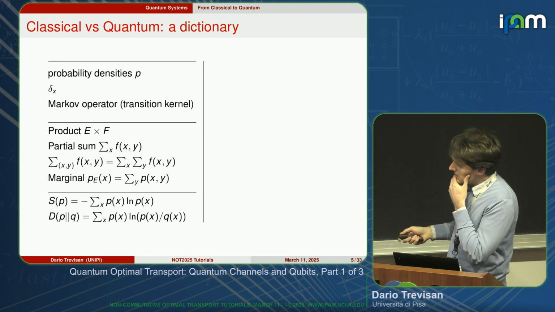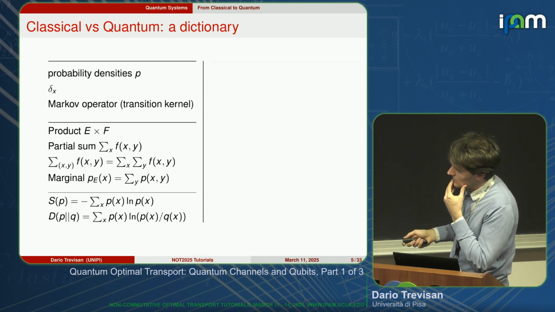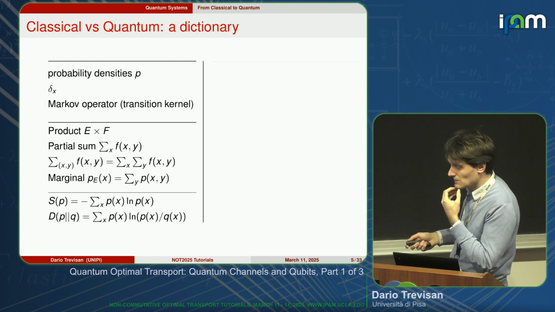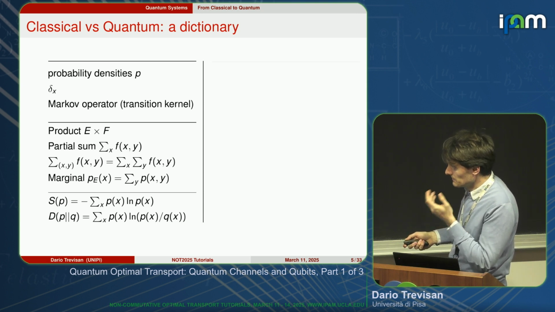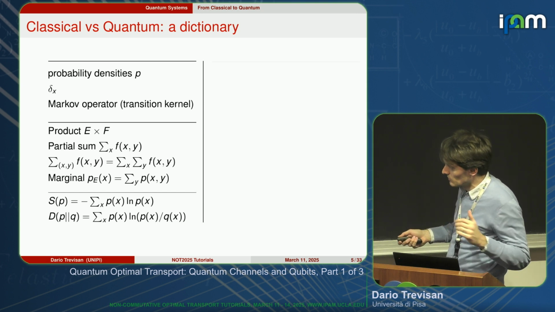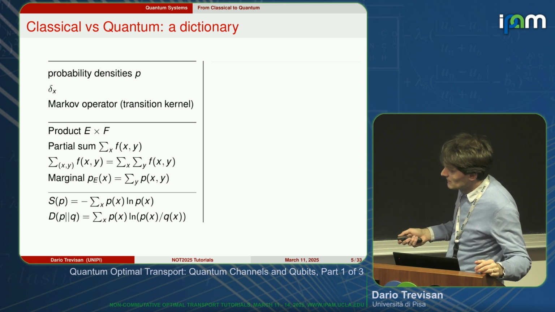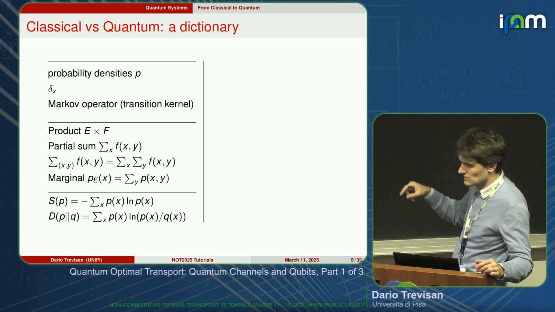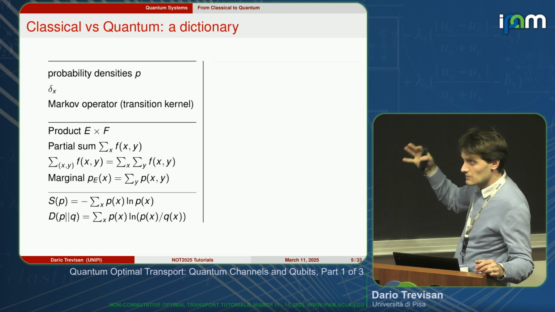Now, finally, I just listed here two important quantities related to probability densities, which are the Shannon entropy. Actually, this is with a natural basis, but anyways, it's minus the sum. So it's a sort of expectation value of the logarithm of the probability density. Now, minus the log of the probability density is the log of 1 over p, because you have a minus.